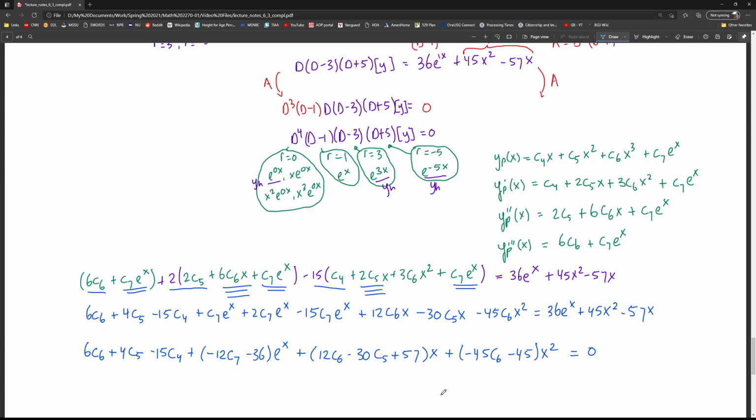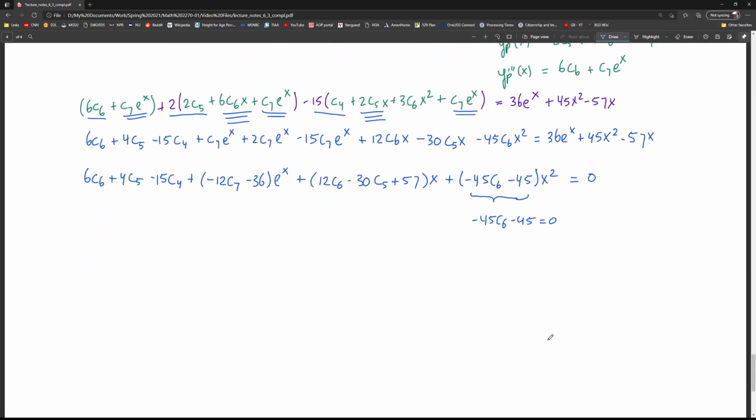So now that gives us the following equations for the coefficients. So we have negative 45c6 minus 45 equals 0. Then we also have 12c6 minus 30c5 plus 57 equals 0.